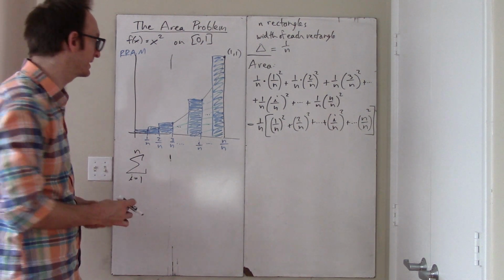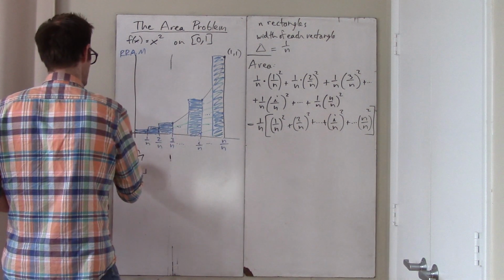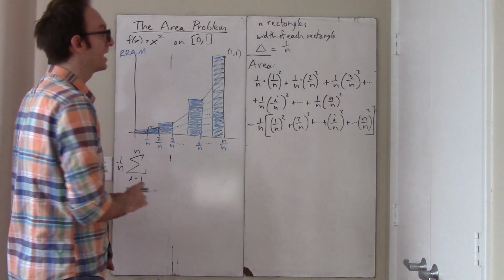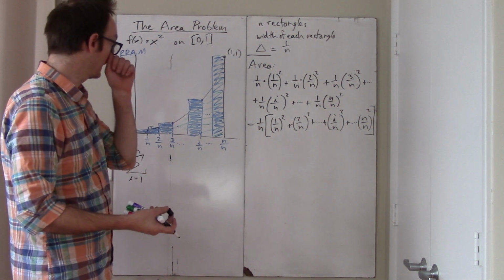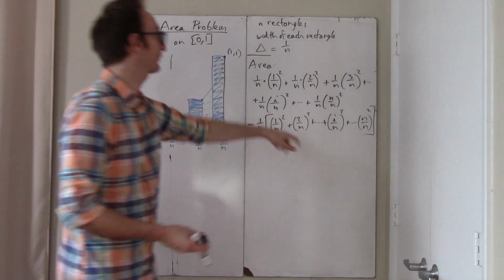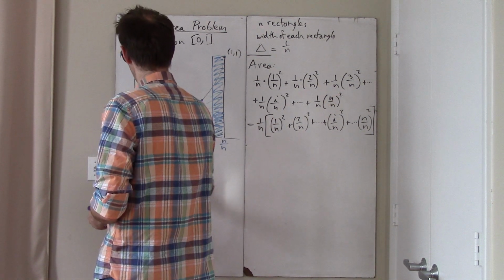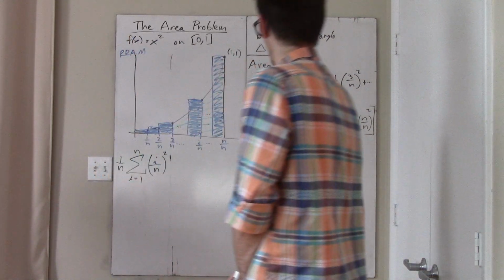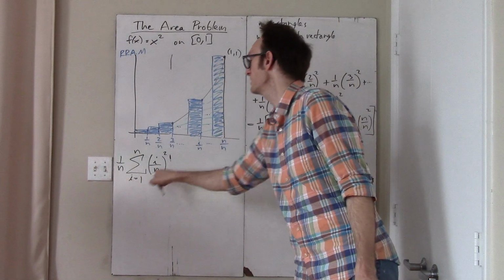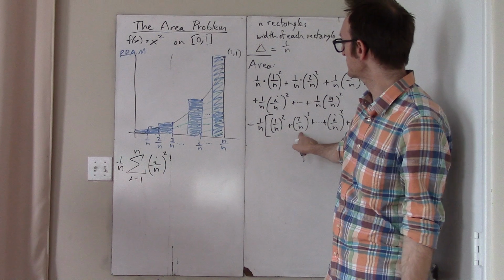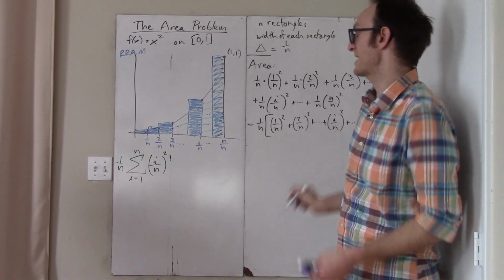There's a 1 over n all the way on the outside. And then, what does the form look like? Well, in each case, it's just (i over n) squared. So when i is 1, you get the first term. When i is 2, you get the second term. When i is n, you get the last term.